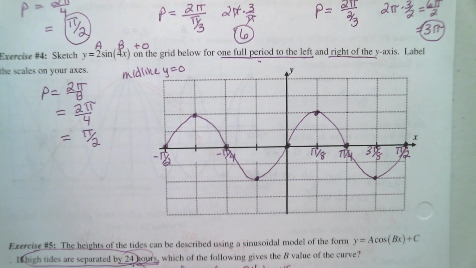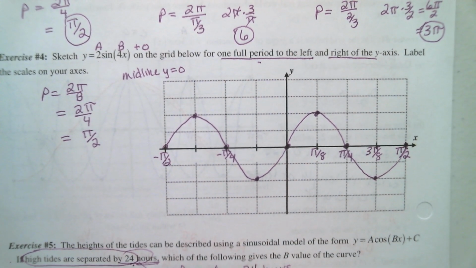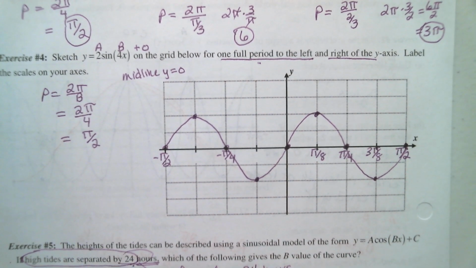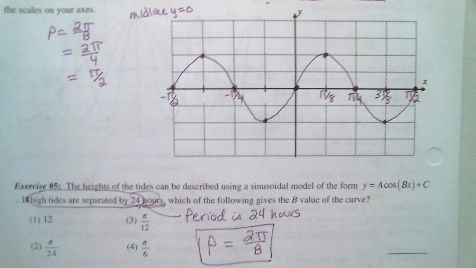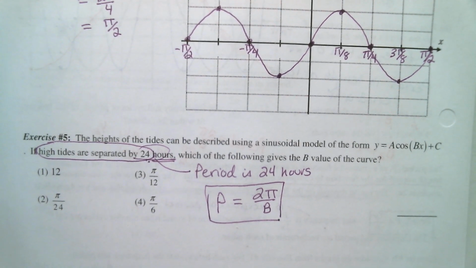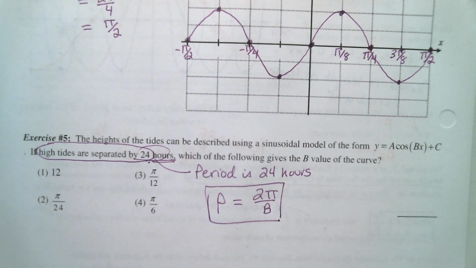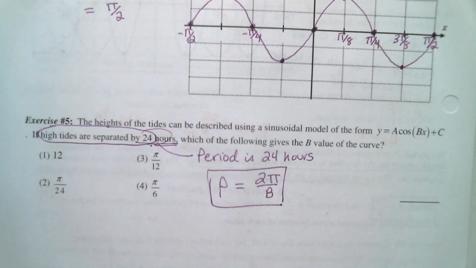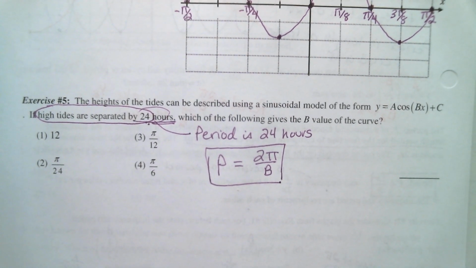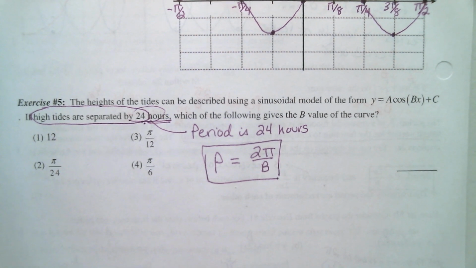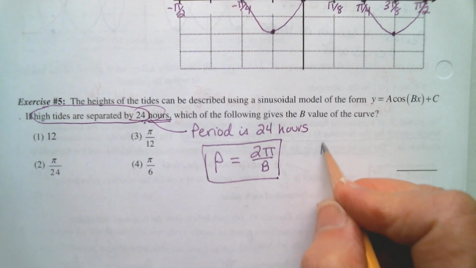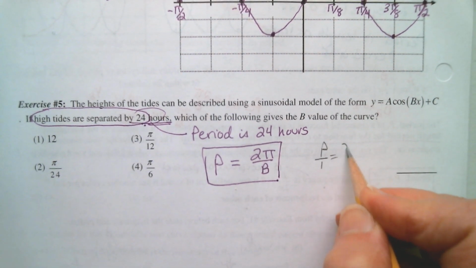And we know that period equals 2 pi over b. You have to memorize that. If I think of that as a proportion, p over 1 equals 2 pi over b.